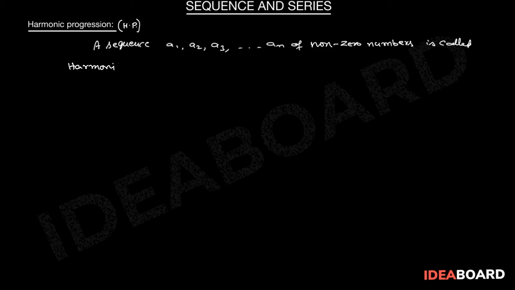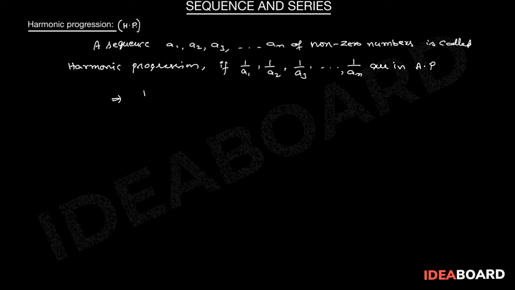Harmonic progression HP. A sequence A1, A2, A3 and so on, AN of non-zero numbers is called harmonic progression if 1 by A1, 1 by A2, 1 by A3 and so on 1 by AN are in arithmetic progression.